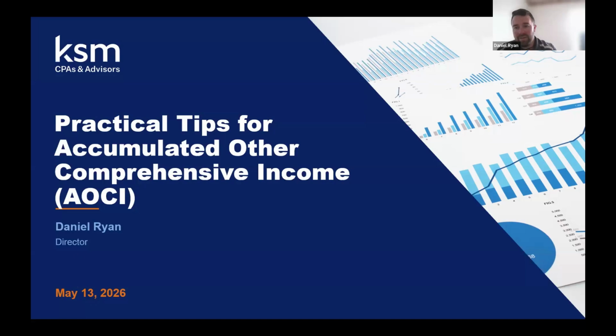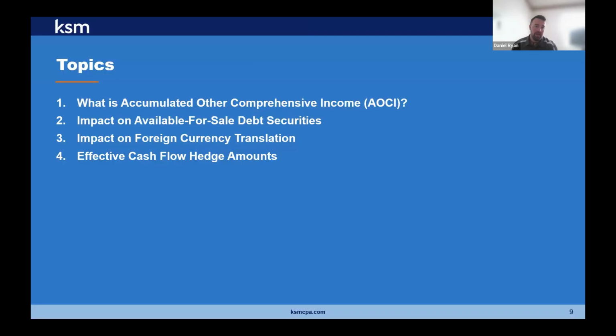Yep, thanks, Jessica. As Jessica referenced, my name is Daniel Ryan, and I'm a director here in the audit group at KSM, and I'm going to be going over a high-level review of accumulated other comprehensive income, or AOCI, as we'll refer to it. We'll start with going over what is AOCI, why does GAAP have this component within our statements of equity and income, what is its purpose, and how does it impact the statements that we report on. Then we'll walk down through some examples of items that can generate AOCI.